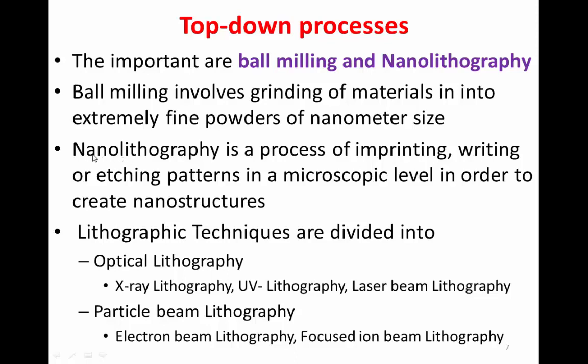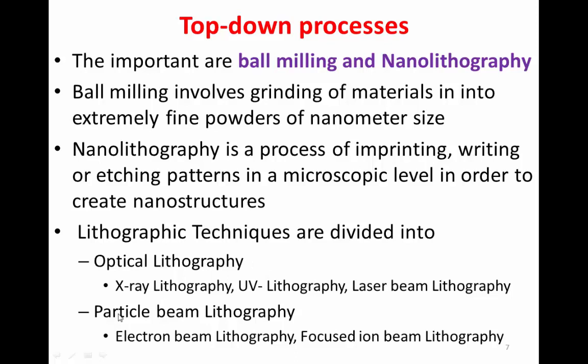Basically, nanolithography is a process of imprinting, writing or etching a pattern at a microscopic level in order to create a nanostructure. The different lithographic techniques are optical lithography and particle beam lithography. In optical lithography, highly energetic light is used to write or etch the patterns on the desired circuit or material.